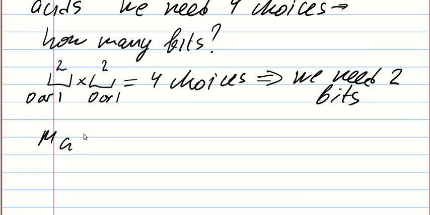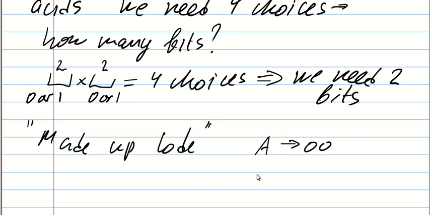So let's do the made-up code itself. We can assign A to be 0, 0. We can assign C to be 0, 1.